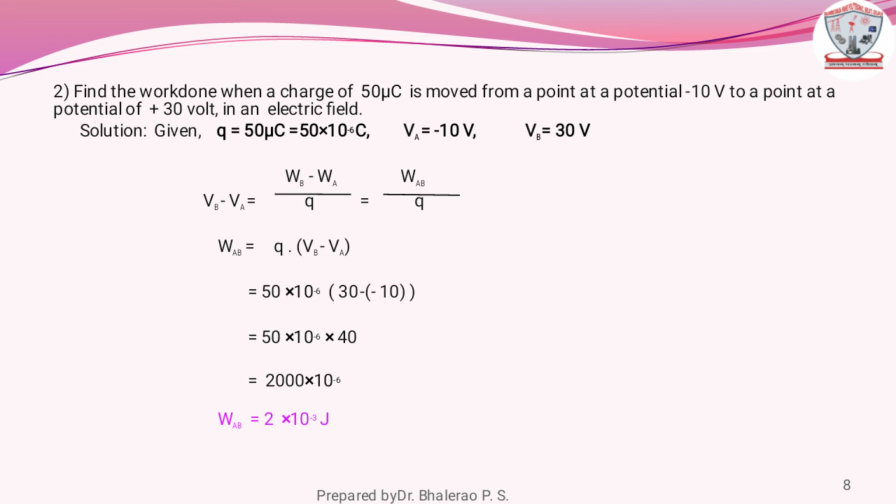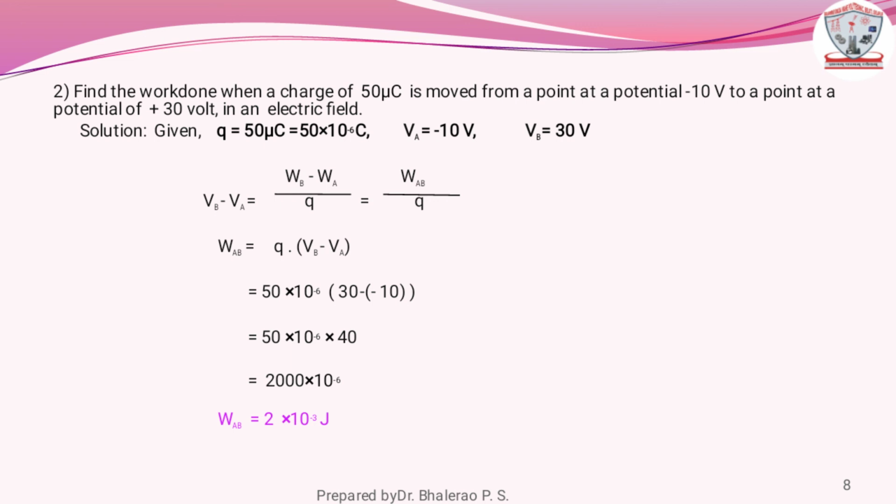Putting the above values of the quantities in this formula, we will get 50 into 10 to the power minus 6 into 30 minus 10. Calculating this quantity, we will get 50 into 10 to the power minus 6 into 40, and calculating again, we will get 2000 into 10 to the power minus 6.